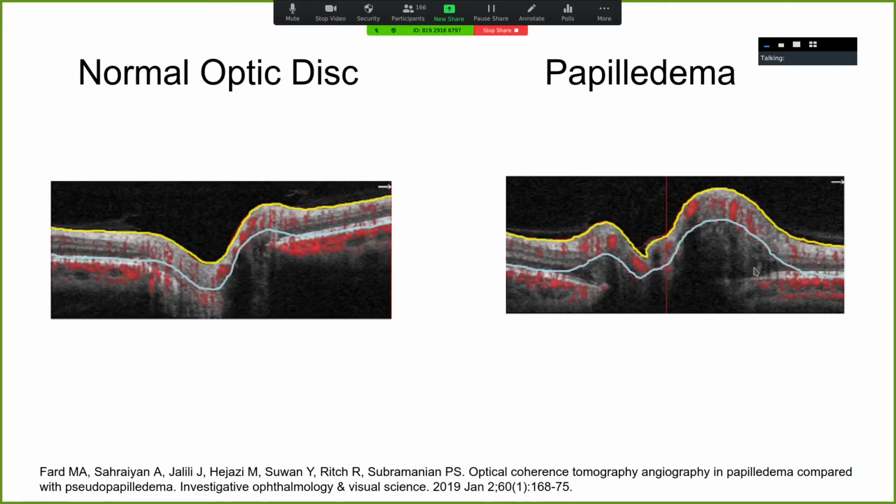There are newer technologies now from the ophthalmology side. This is optical coherence tomography, which shows you the normal optic disc versus a very swollen optic disc, meaning there's pressure inside the brain pushing out the optic disc head into the eyeball over here.